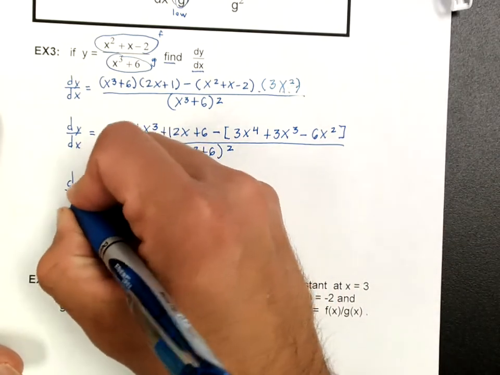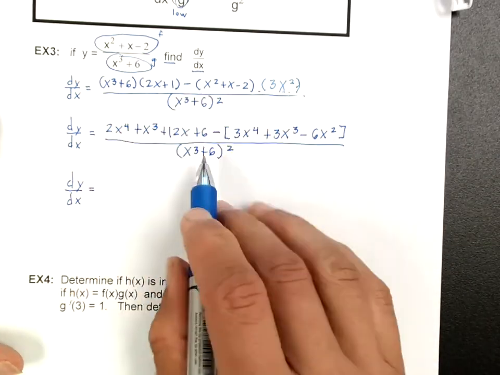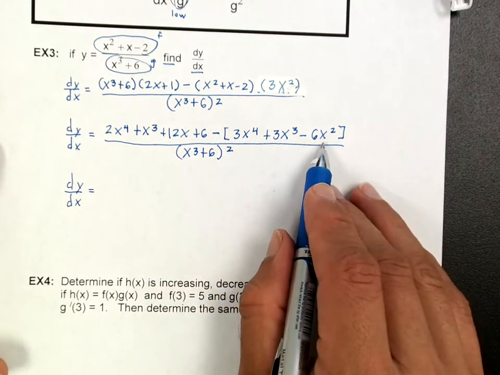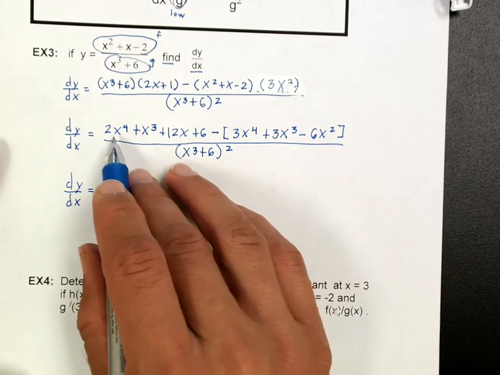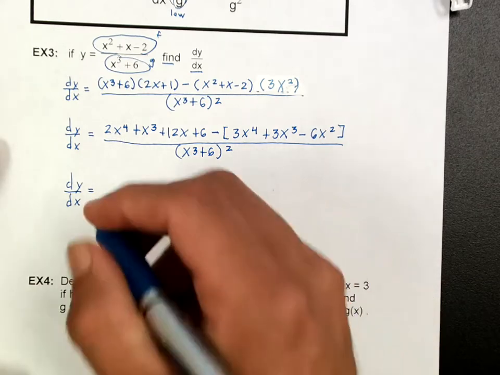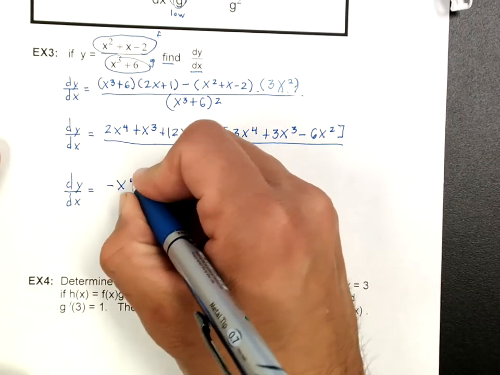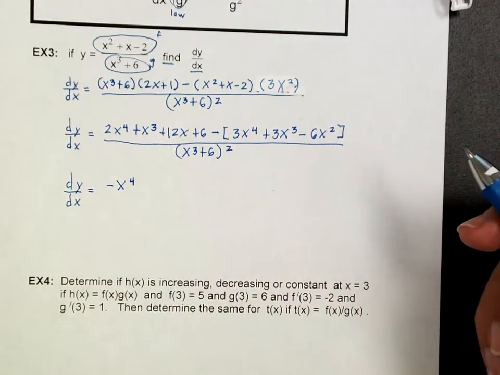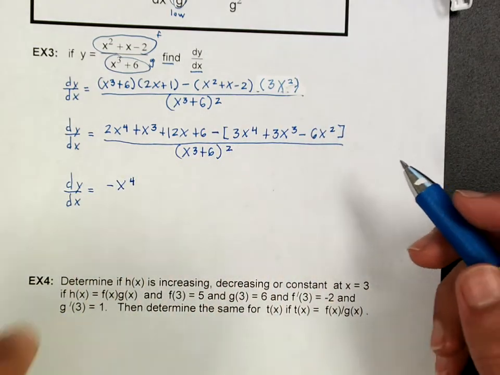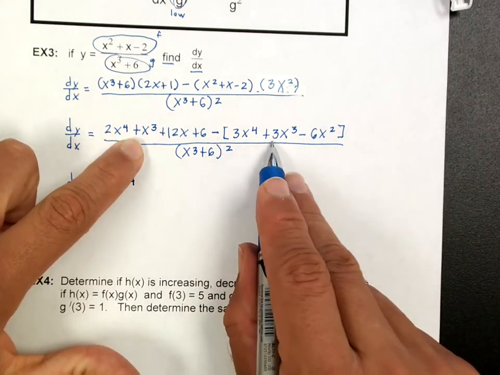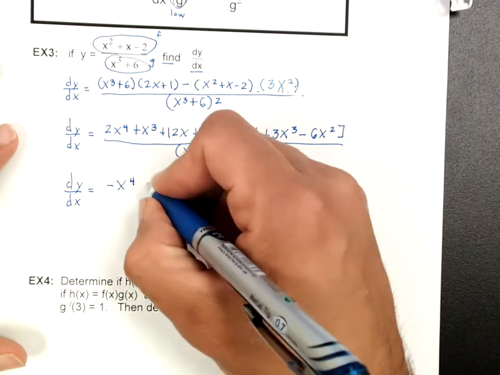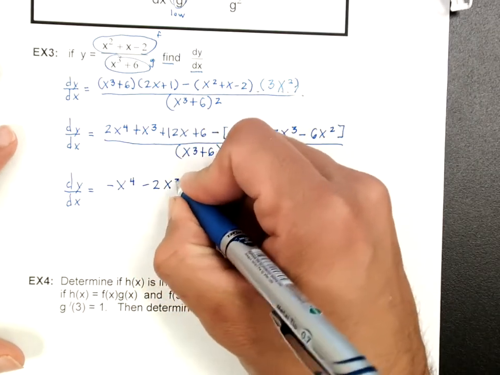All right, now for the sake of time, I'm not going to rewrite all this, but remember that this negative is going to make these the opposite sign. All right, so now I'm going to add like terms. 2x to the 4th minus 3x to the 4th will give me negative x to the 4th. x cubed, now remember that's going to be a minus 3x cubed. x cubed minus 3x cubed will give me negative 2x cubed.